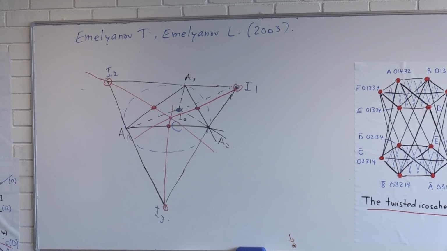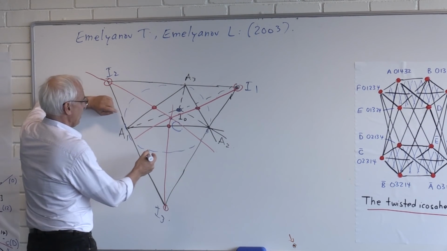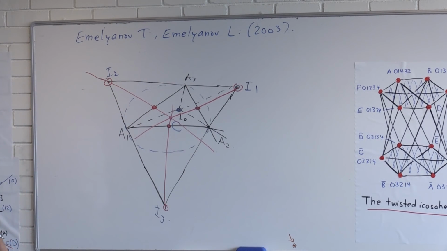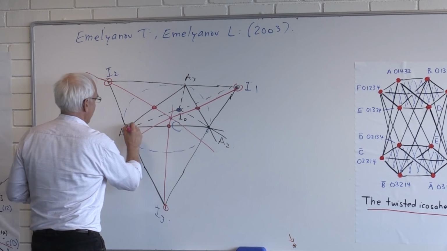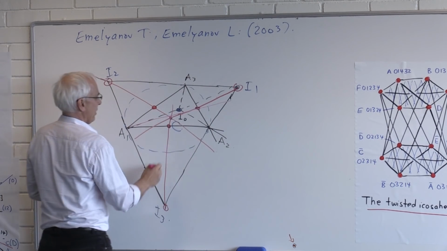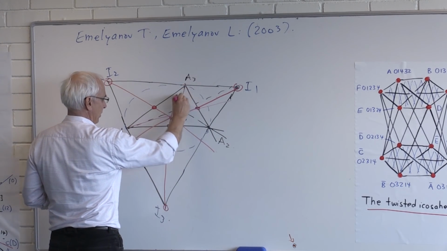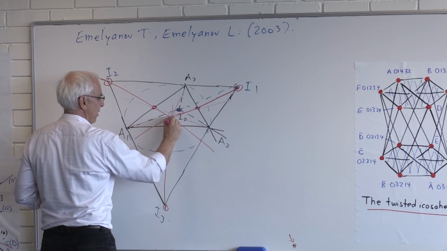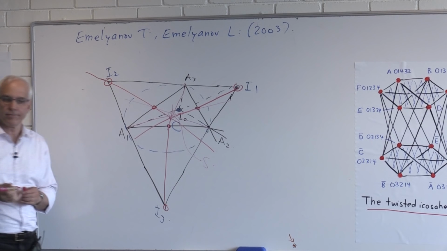And then it turns out that these 3 points are perspective with the original triangle, and the point of perspectivity is the Schiffler point. So what does that mean? That means now if I connect A1 with the opposite point, and A3 with the opposite point, and A2 with the opposite point, then boom, there is the Schiffler point.